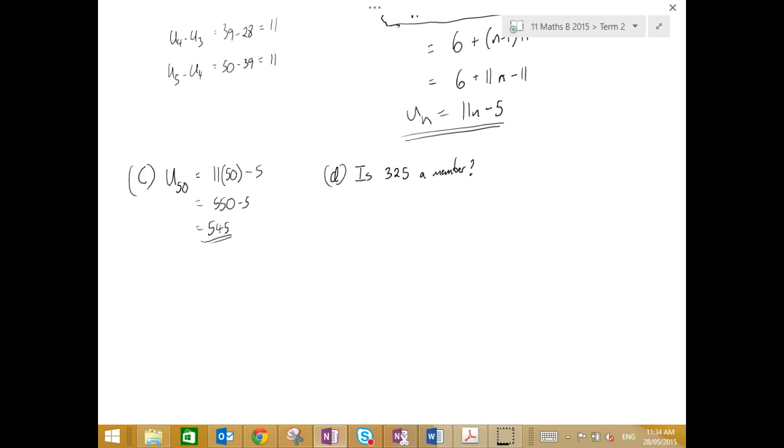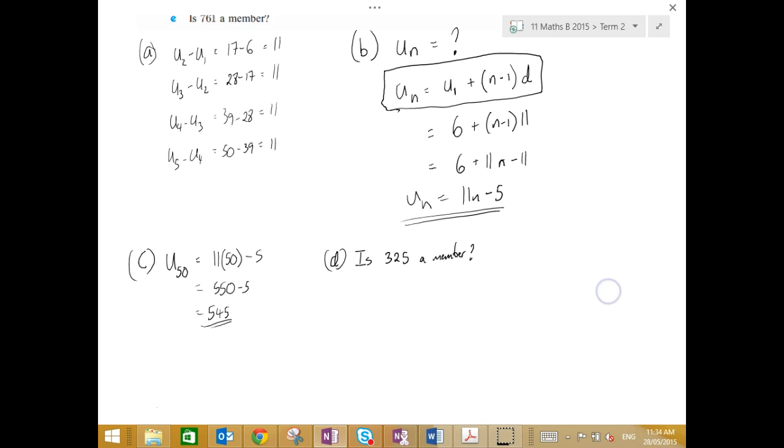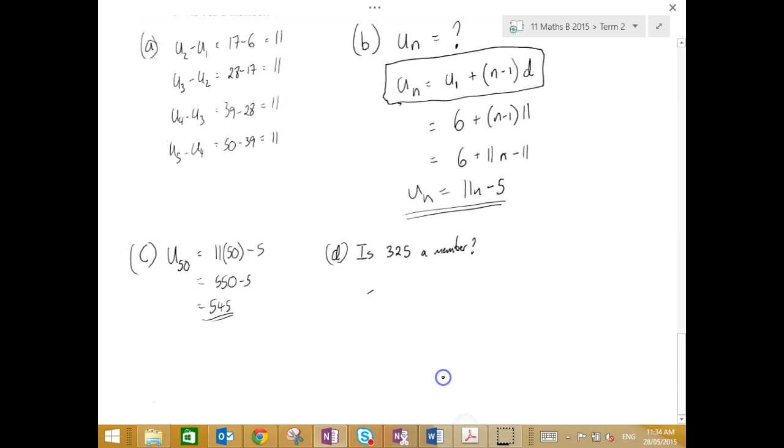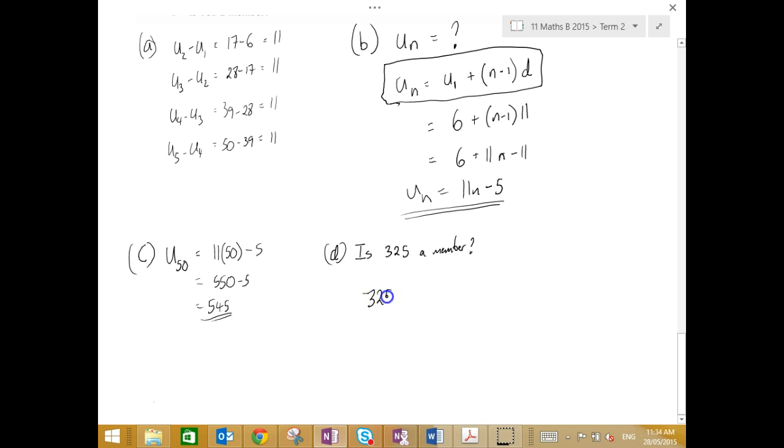Is 325 a member of the sequence? How would I check? Let it be one of the terms and let's figure out if it will be one of the numbers. That's the way to check: let it be Un and figure out what term it would be.